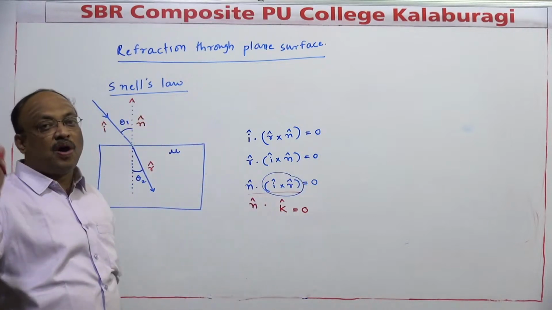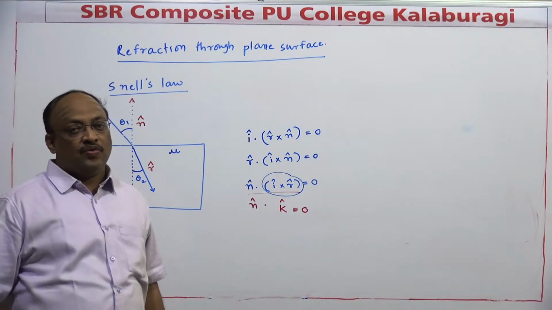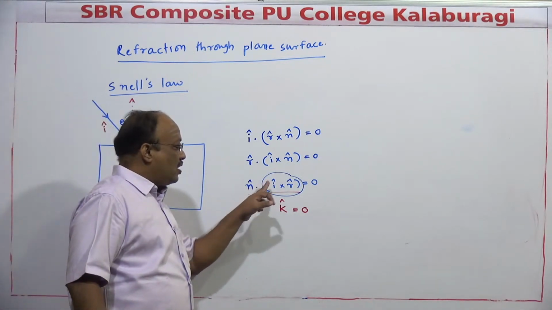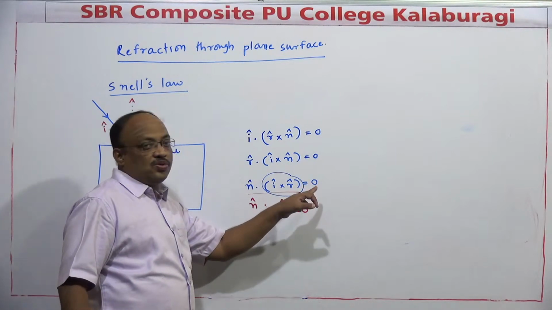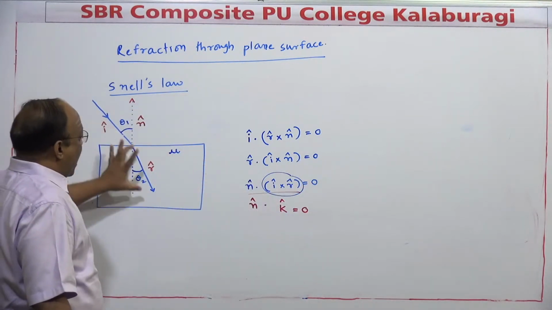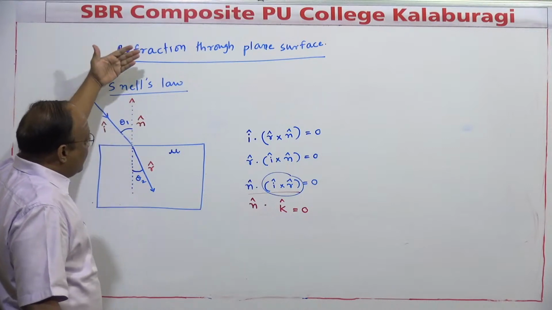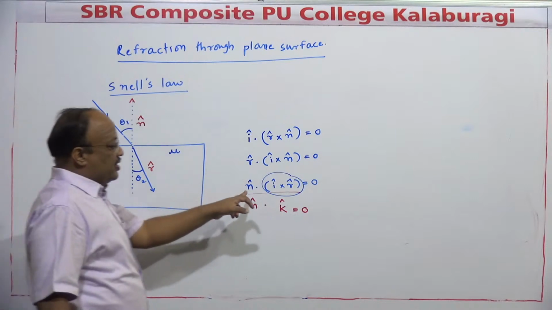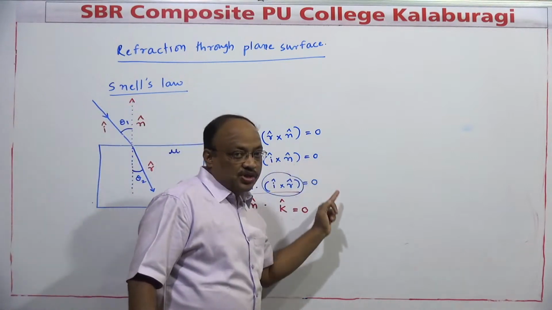When is n dot I cross R equal to 0 possible? If I, R and n all lie in the same plane, then only this is possible.